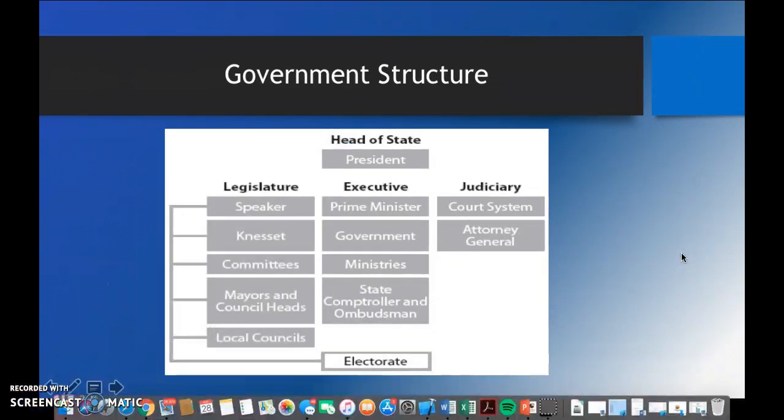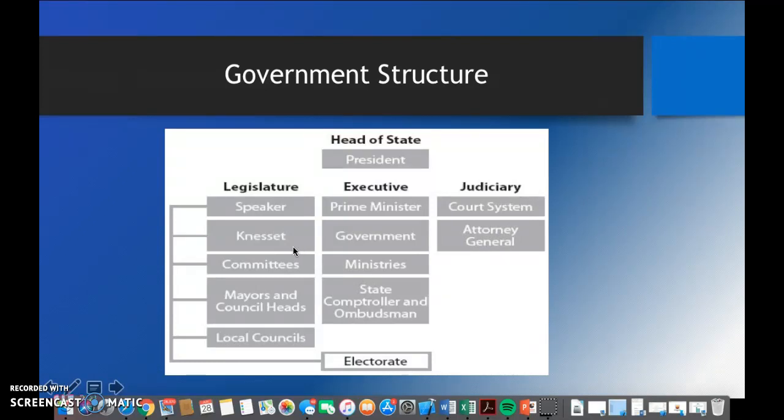The Israeli system of government is based on parliamentary democracy. The Prime Minister of Israel is the head of government and leader of the multi-party system. Executive power is exercised by the government. Legislative power is vested in the Knesset, and the judiciary branch is independent of the executive and legislative branch.